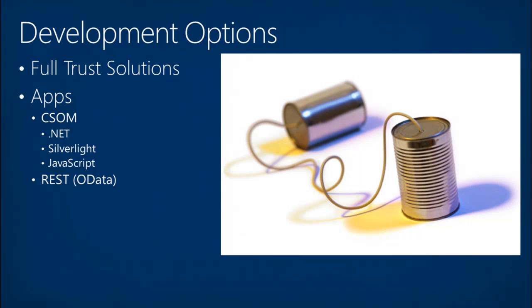We've all been building full trust solutions, and a lot of the major investments we have been doing over the last 3 years have gone into this new app model, and it's where we're going to continue to be making our investments going forward. You'll notice that you don't see Sandbox on there because when it comes to new solutions, we don't suggest using Sandbox solutions as the primary way to go. If you're going to be doing something that's Sandbox, it probably makes more sense to use it to create an app.